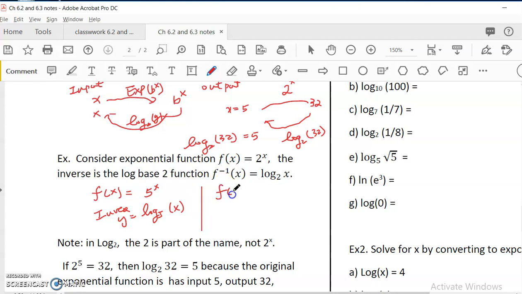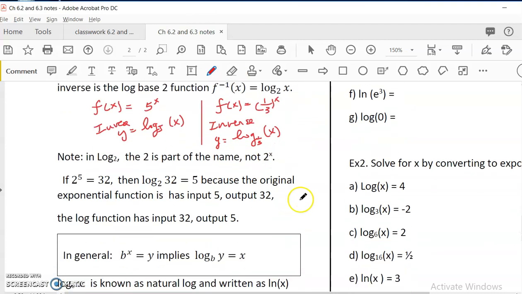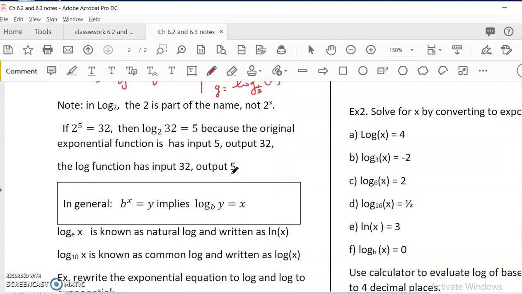And if I have a decay function, 1/3 to the power x, then my inverse function is a log function with base 1/3. That's just a name. I still have x as the input, and that is equal to y. So remember, the 2 in log base 2 is not an exponent. It is the name, not 2 to the x.